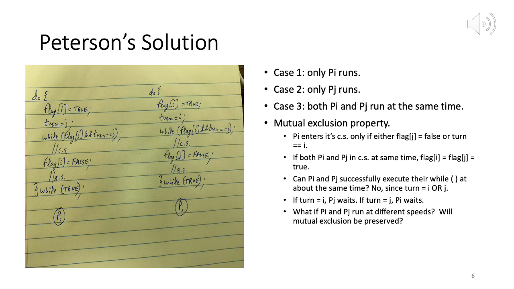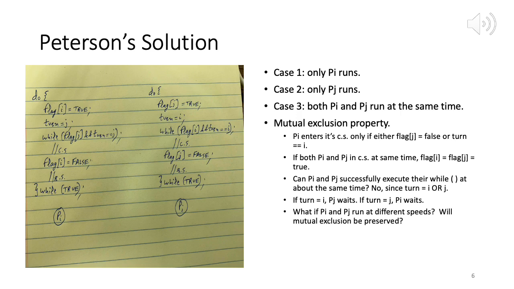Why? How can we claim that? We can claim that because the value of turn is either I or J, it's not both. Flag I and flag J could both be true at the same time, but at a particular time instance the value of turn could be either I or J, it could not be both, and it is the value of turn which determines which process will enter its critical section. So that itself gives us a hint that we will have mutual exclusion.